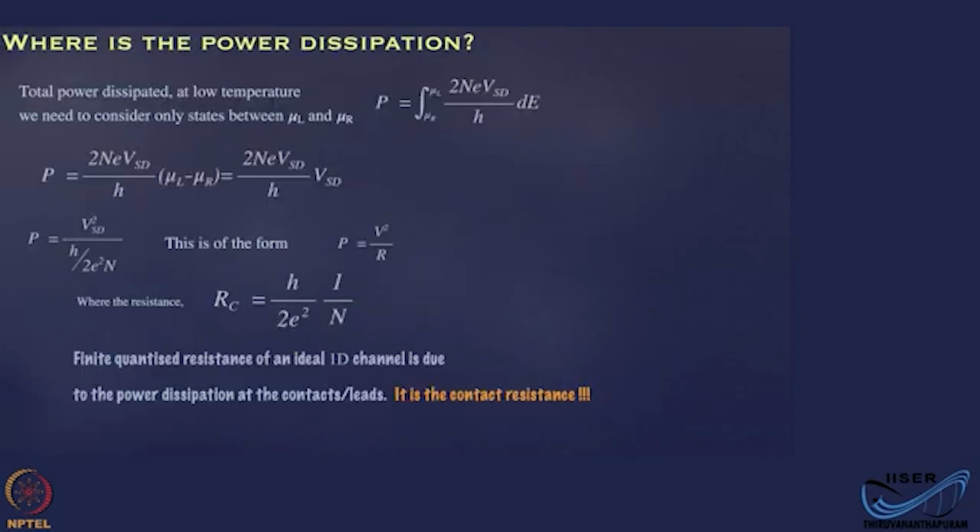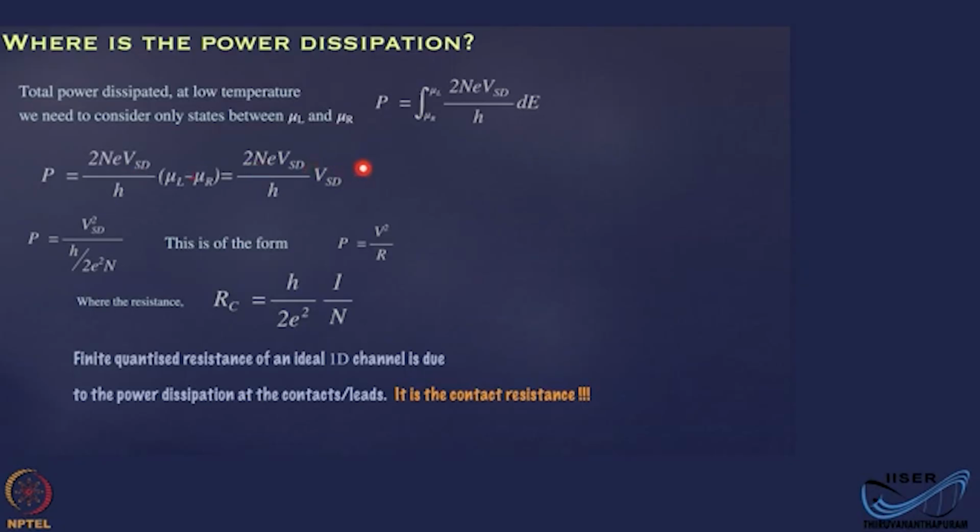Now, this is the same formula that we just saw in the previous slide. And here we need to consider mu R and mu L, because our assumption is there are no other states taking part in the transport. All this discussion happens in the linear transport regime, where most of the transport is between mu R and mu L, and the Fermi distribution is mostly sharp.